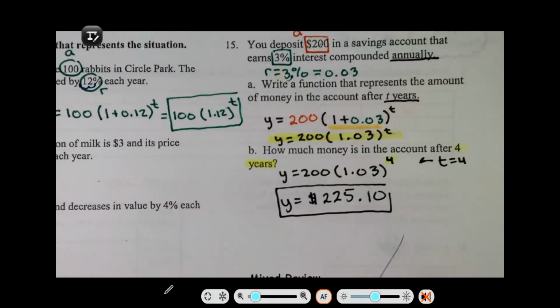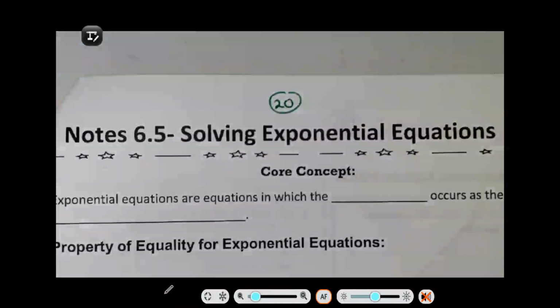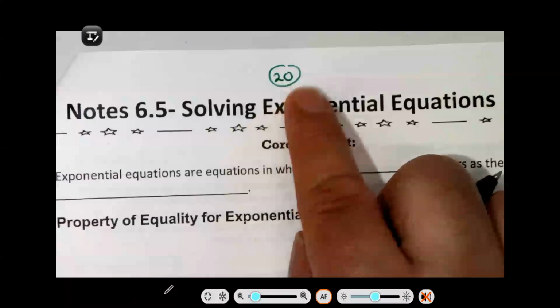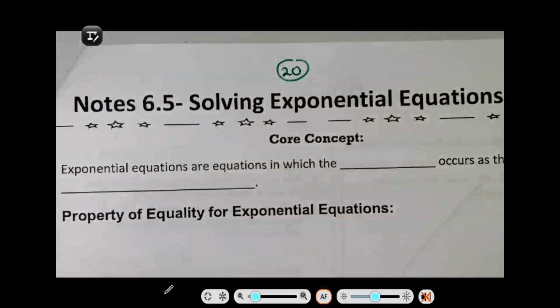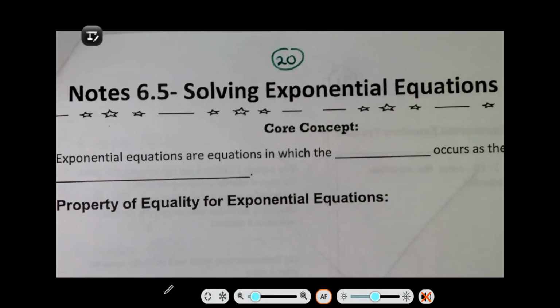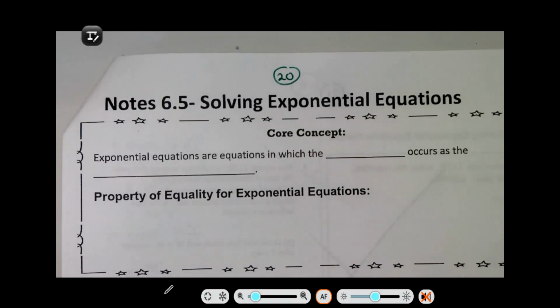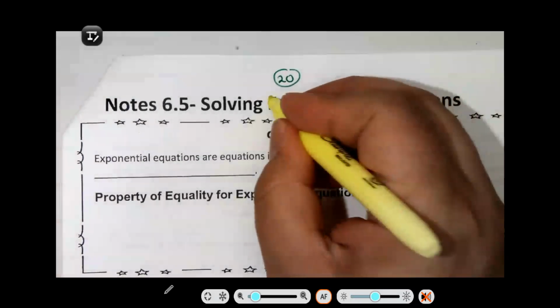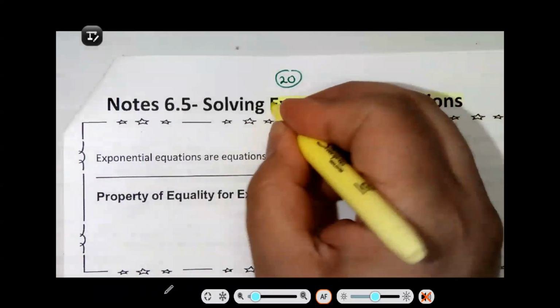But anyways, the note that we were supposed to cover for this video, just wanted to throw that one in there, is on page 20. And again, if it's not numbered, number it yourself. So we're going to be doing notes 6.5, solving exponential equations. Now, one of the things you have to know is, well, how do I recognize an exponential equation?